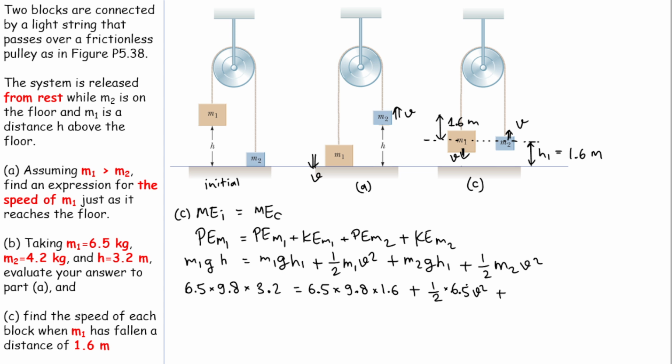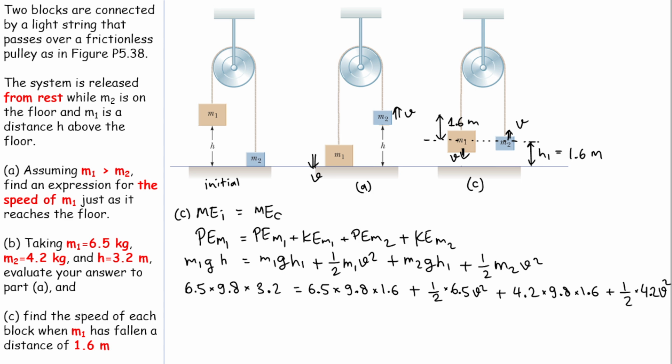And then plus mass number 2, which is 4.2 kilograms. So I have 4.2 multiplied by 9.8 and then multiplied by H1. H1 is 1.6. And then plus 1/2 multiplied by mass number 2, which is 4.2, and then V squared.